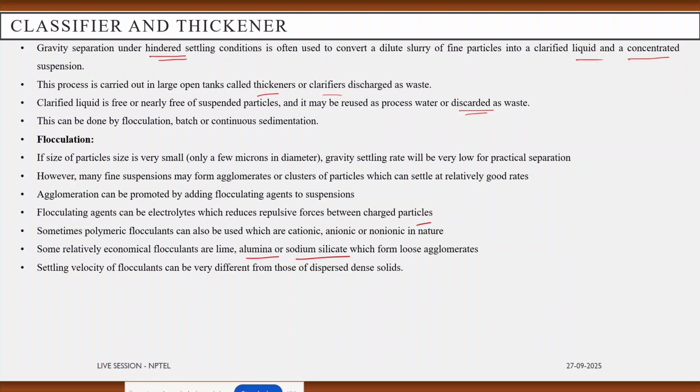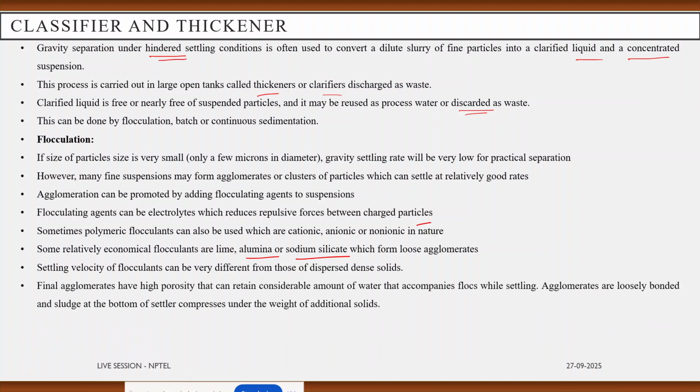Settling velocity of the flocculant can be very different from those of the dispersed dense solid. Now the final agglomerates have higher porosity, so they can retain a considerable amount of water that accompanies the floc while settling. Agglomerates are loosely bound and form sludge at the bottom of the settler. They compress under the weight of the additional solids over the period.